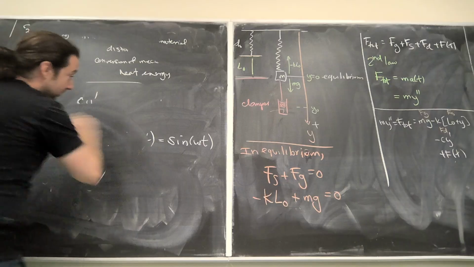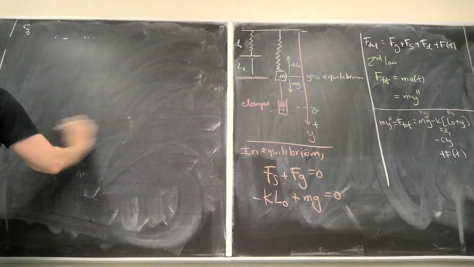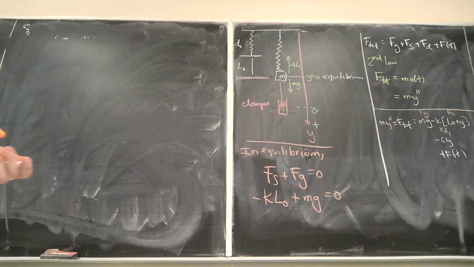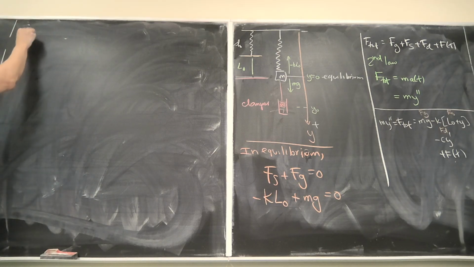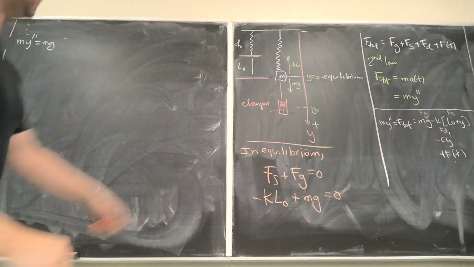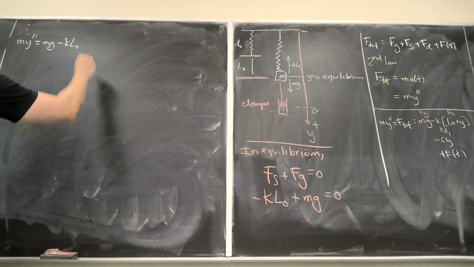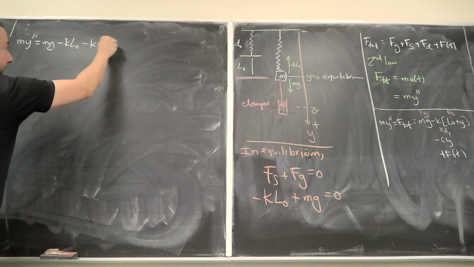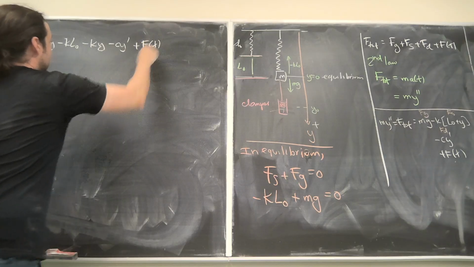So already we should be able to see that this is a linear differential equation with constant coefficients. If I multiply everything out here, now I have my prime prime is equal to mg, and I'll distribute the k through there, so I get a minus k times L naught, and a minus ky, and a minus cy prime, and an f of t.